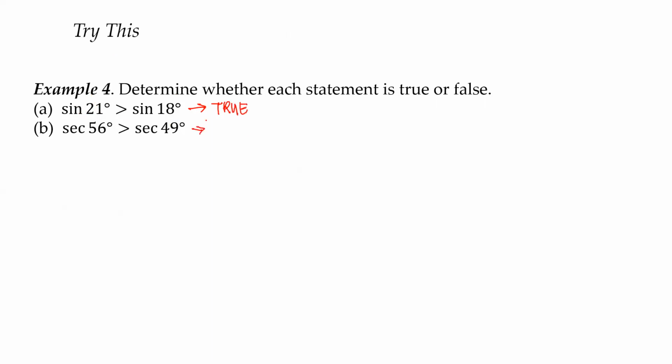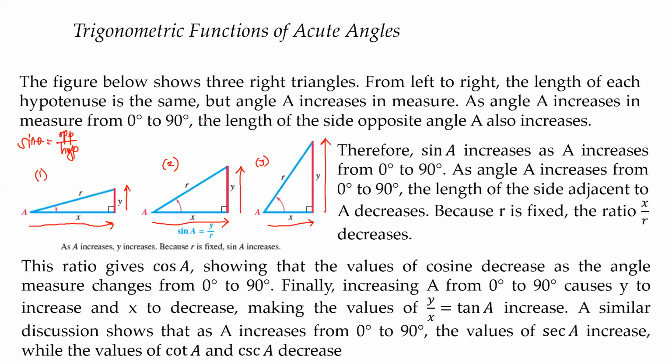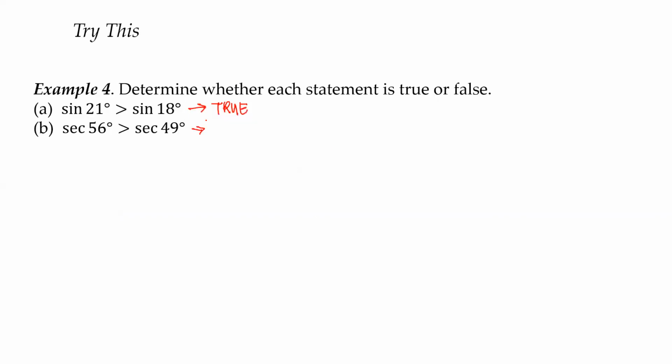Next, secant 56 is greater than secant 49. So based on this, as we increase our value, secant also increases. Secant is the inverse of cosine.